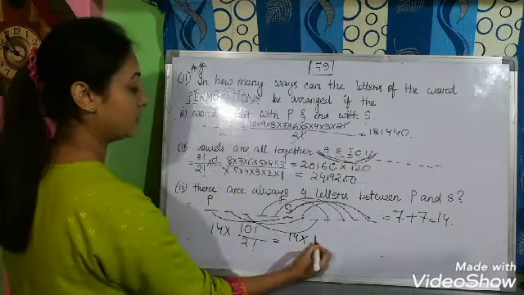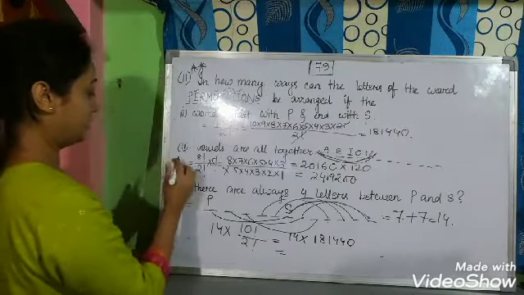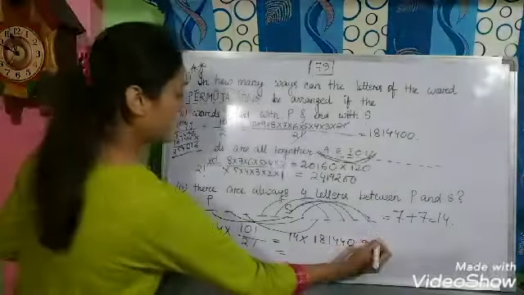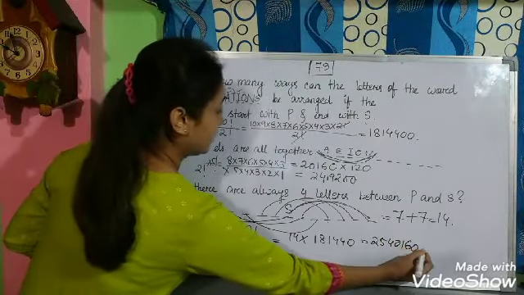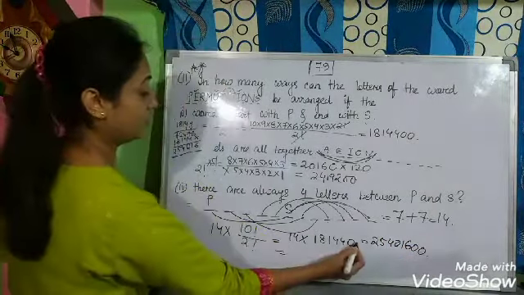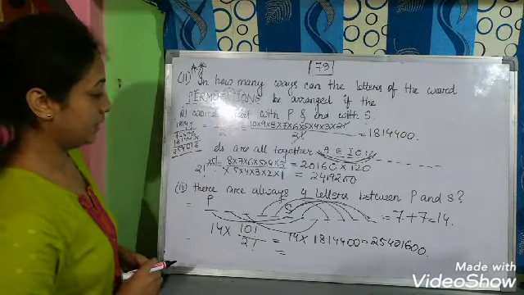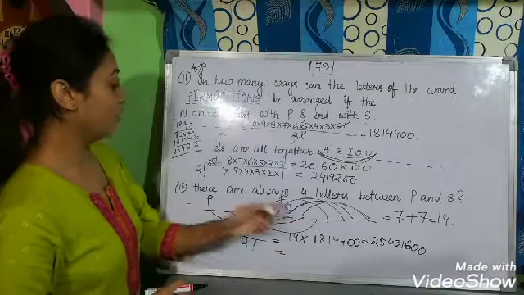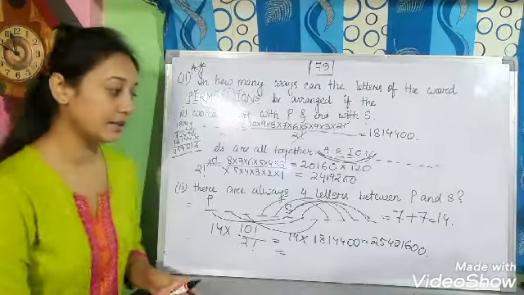We have found that is equal to 181440. Okay, calculate it. So you'll get 25401600, and hence this many words can be formed where 4 letters are between P and S.